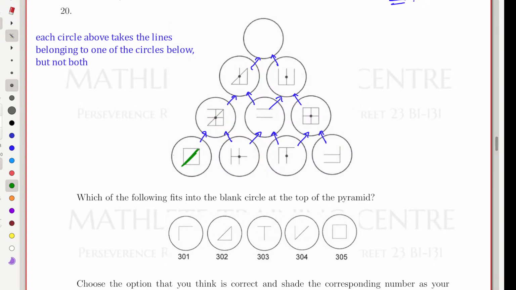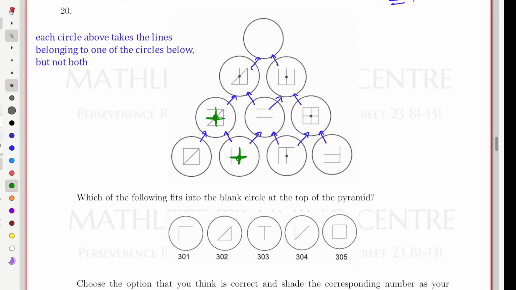This line belongs to only one circle, so it's there. These and these are only present in the circle on the left, so they are both there in the answer. This one, as well as the dot, they only belong to the second circle. So that's why this one and a dot will show up in the answer.